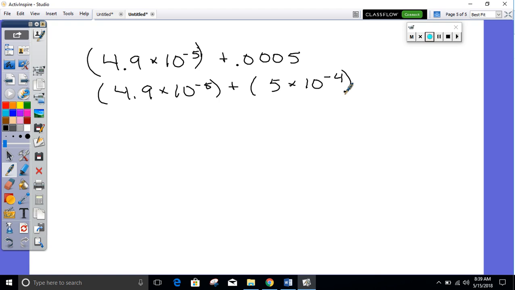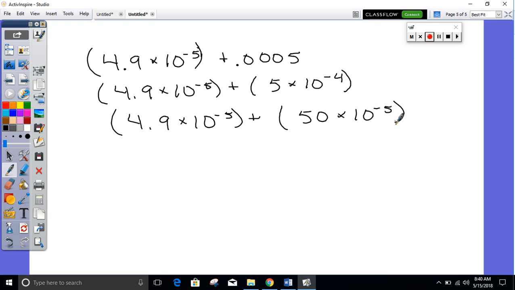Totally up to you. Okay, both to negative 5. So we'll keep this one the same. Reed, what would this number be if we take this one to the negative 5 power? It would be 50. Good. 50 times 10 to the negative 5.